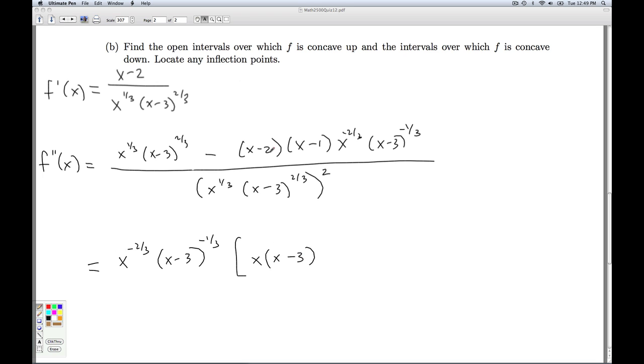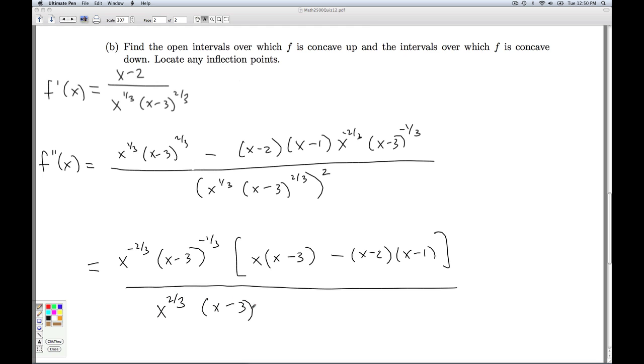This is what I factored things out of. I'm left with an x minus 2 times x minus 1. And in the denominator, I can use properties of exponents. That's going to give me an x to the 2/3 there, and an x minus 3 to the 4/3. I just need to clean up what's inside here. I'm going to have an x squared minus 3x, and then it's x squared minus 3x plus 2.